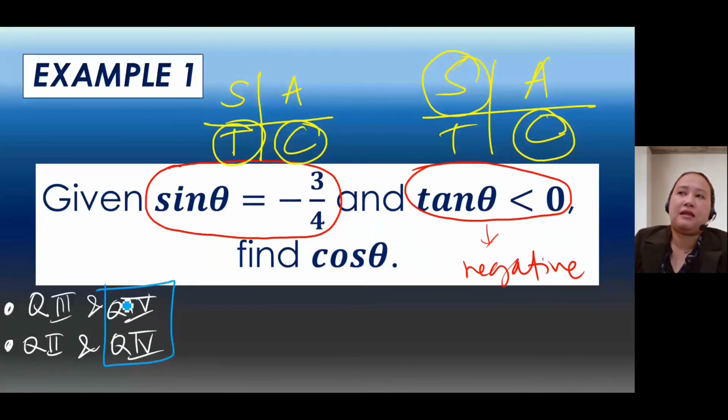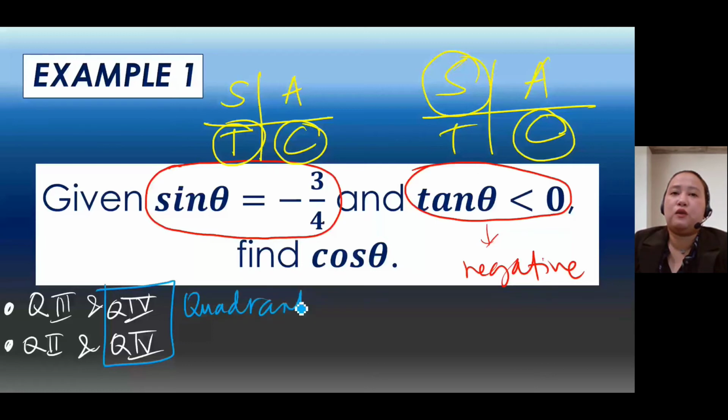Remember we need to determine where the point is located: is it on the first, second, third, or fourth? The point has the coordinates x and y. So now we already know the point is in quadrant 4. We're done with the quadrant.